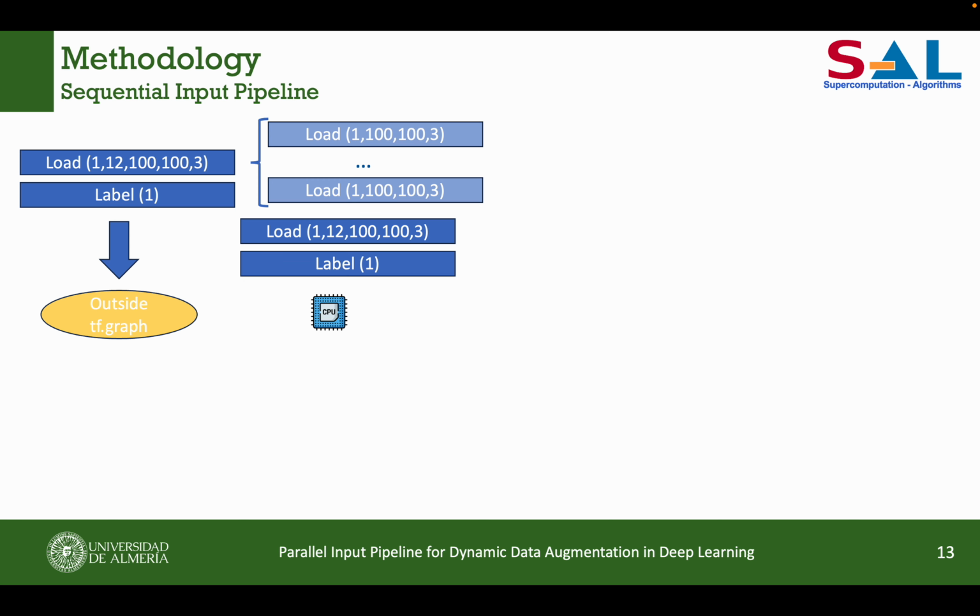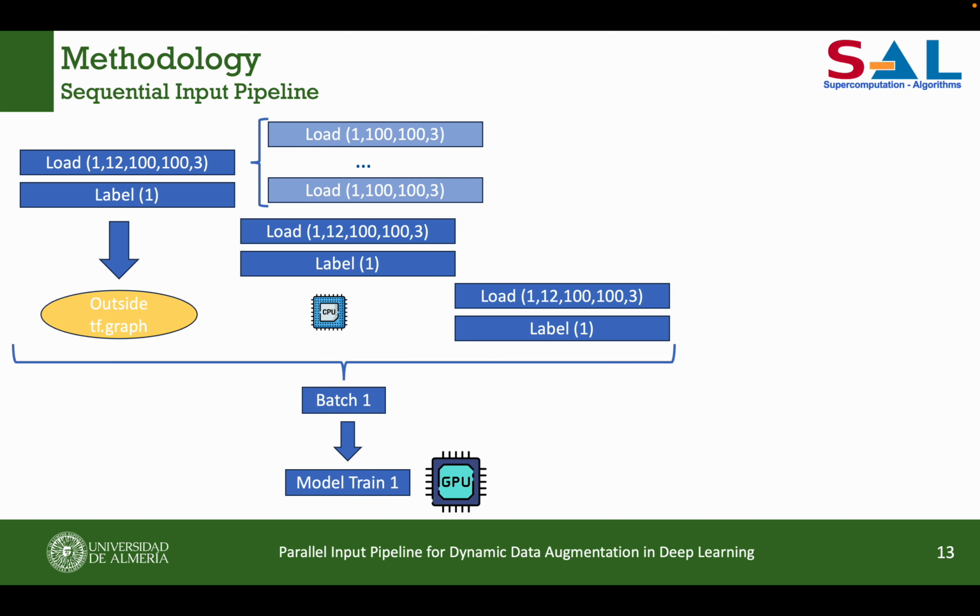Then the following data is loaded, and then the next item. Once we have, for example, here the batch size is 3, the batch is generated and the model is trained. So we have, in this case, as you can see, a sequential input pipeline in which we are loading sequence by sequence until creating the batch. And once this is performed, the GPU trains.